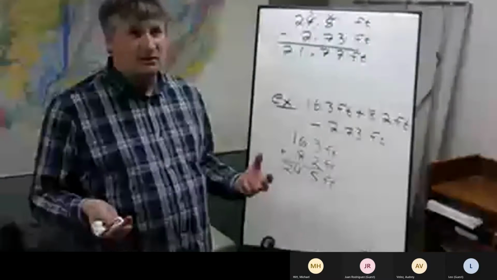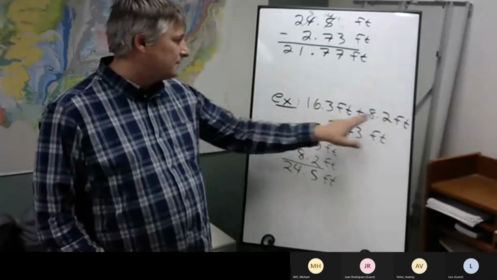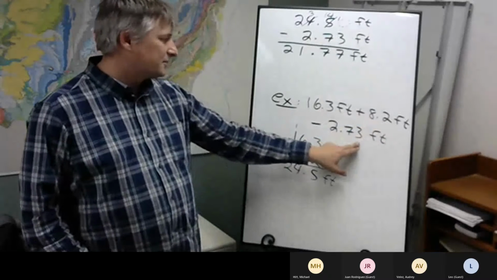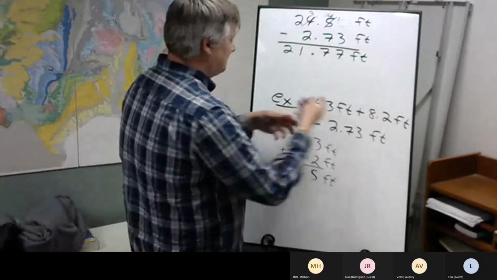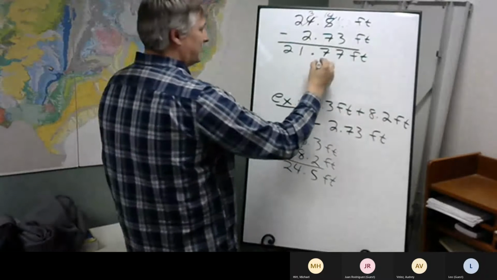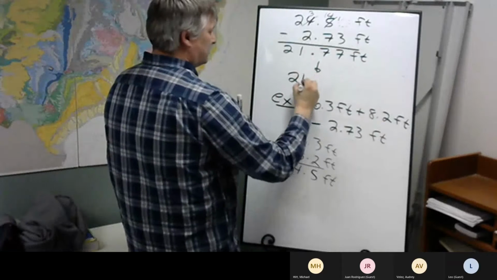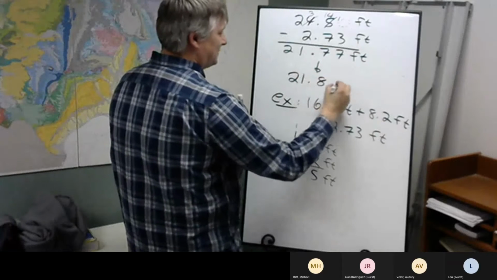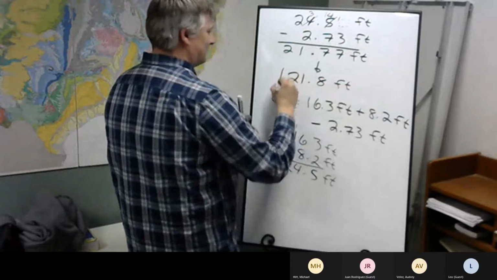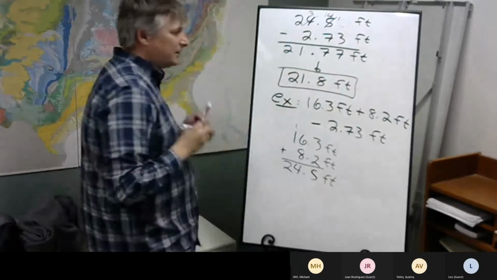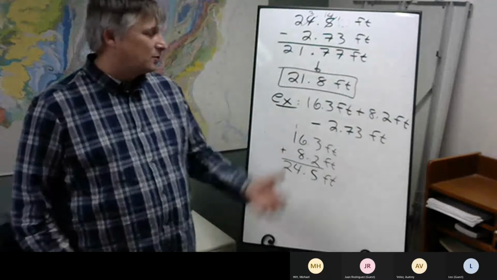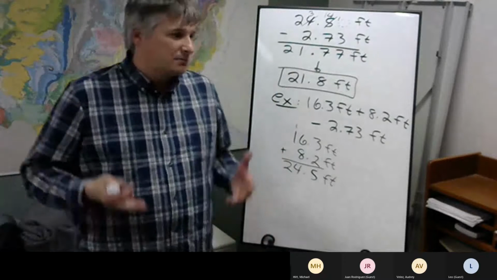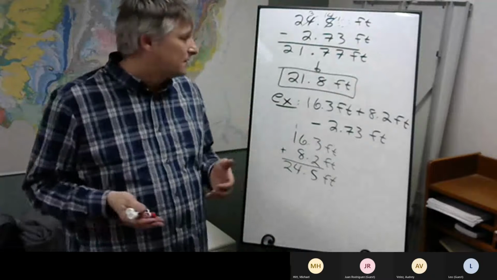So the rightmost significant digit, tenths, hundredths, now the least precise number is tenths. So this will become 21 and 8/10. But it's still going to be feet. So when we add and subtract the same units, we get the same units in the end.